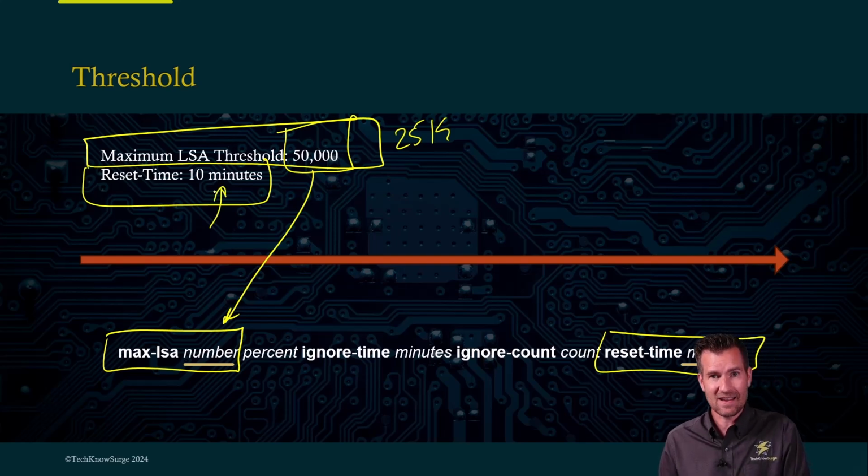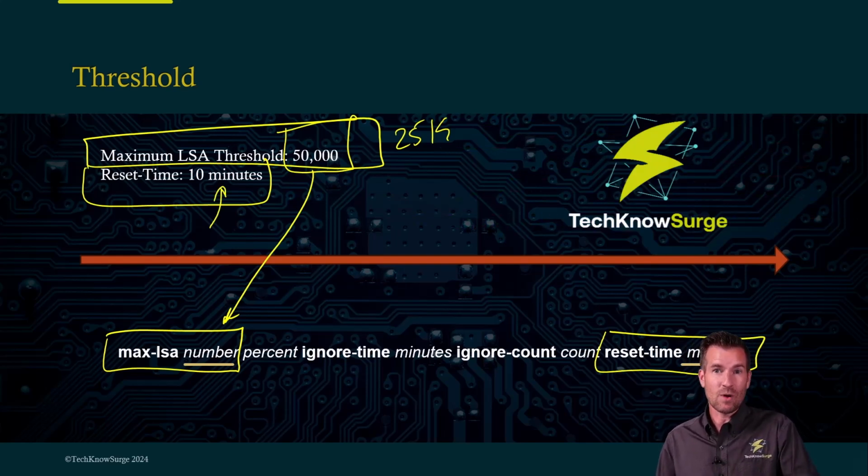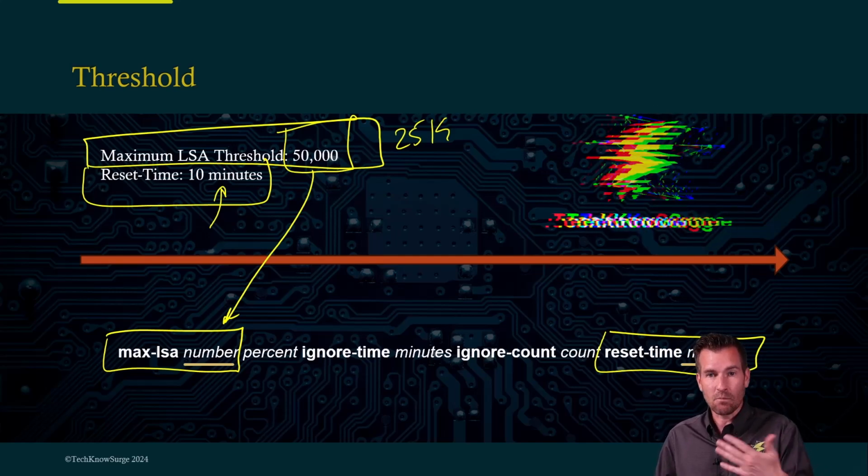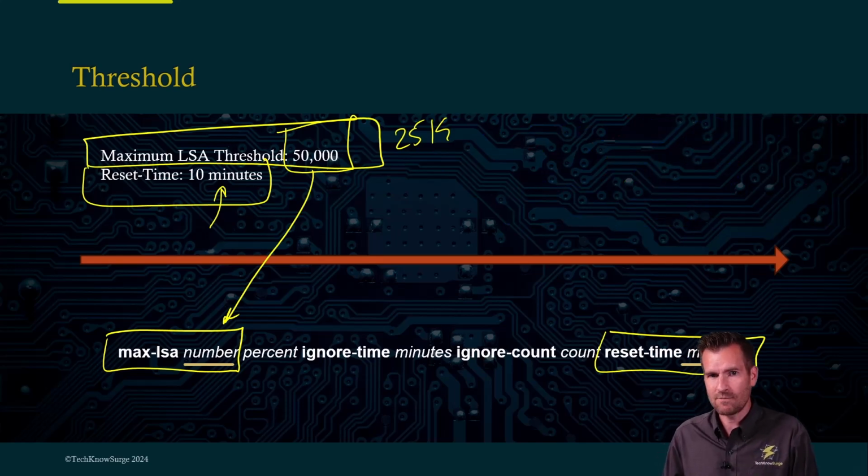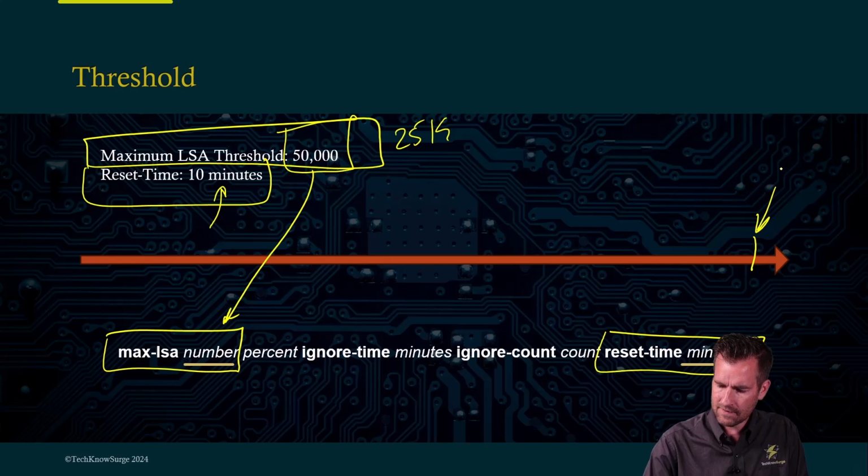Ten minutes is the default, but let's say we wanted this to be more sensitive. Then we would set it higher, maybe 20 minutes. Or maybe we wanted to reset it more often, so maybe it's every 5 minutes. But whatever you set it to, let's say it's set to 10 minutes, that means it's going to count how many LSAs are coming in throughout that time.